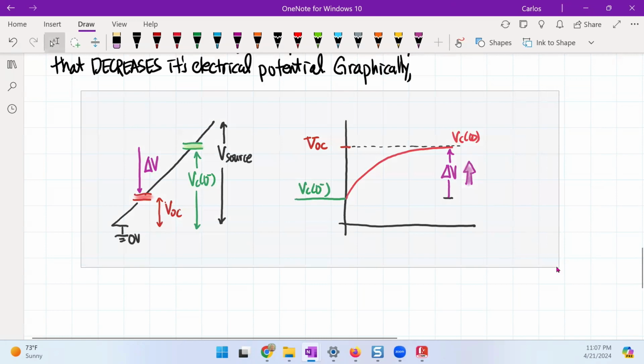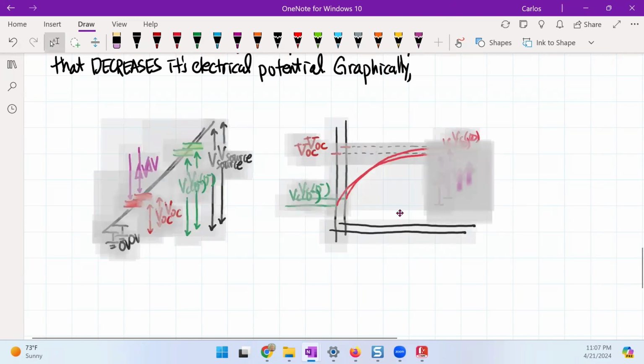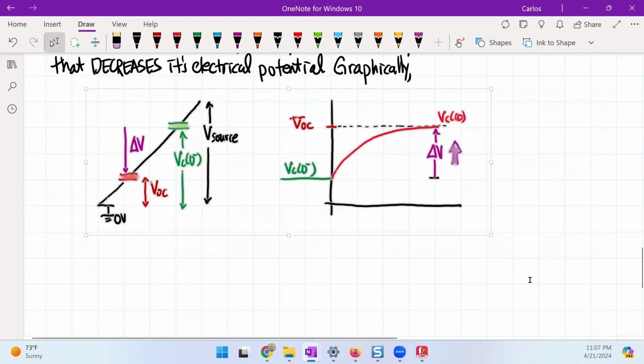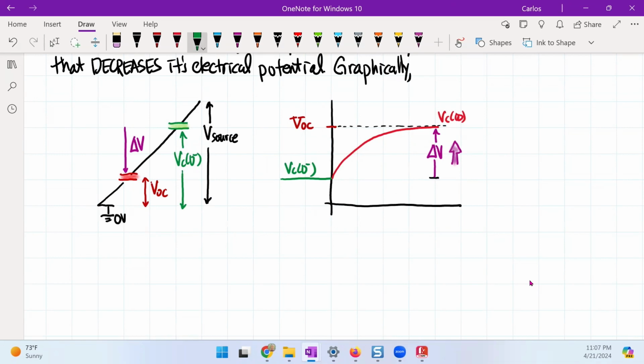So let me clean this up just a bit to make sure I put this on the ground. Okay, so now that's going to be a little bit cleaner. So you're seeing that because it decreases electric potential, there's a downward shift, right? So there's a decrease in electric potential. Well, the same thing happens right here.